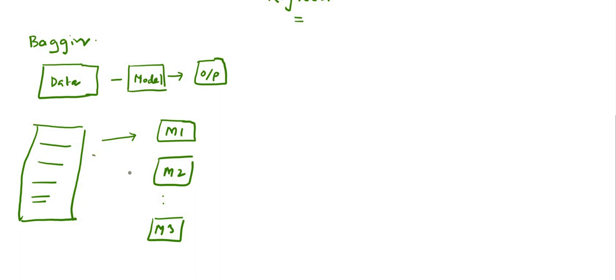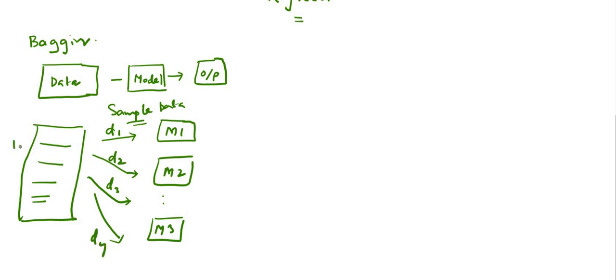Now, every time we create a model from this data set, we will send some sample data, not all the data. So this is my entire population, and from this population every time we'll send some sample data, for example D1, D2, D3, D4, and here I have d numbers of data.